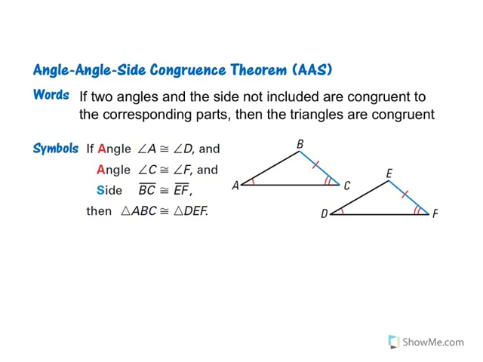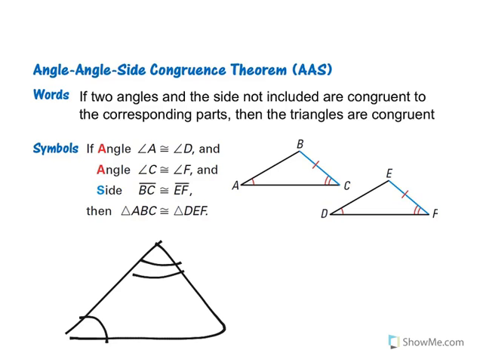The biggest difference here is that the side is not in the middle. What I mean by that is if you have a triangle and this angle is marked off and this angle is marked off, you could have this side or that side, as long as it is not the side in between the two angles.